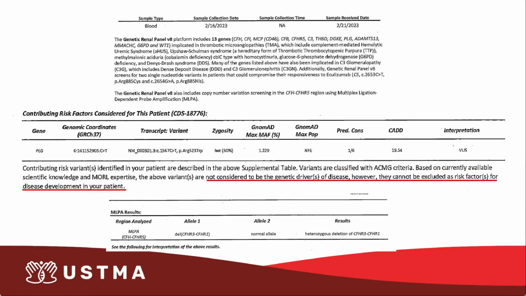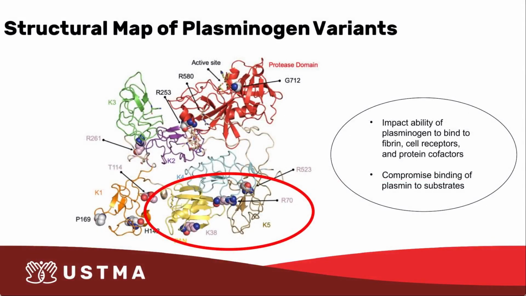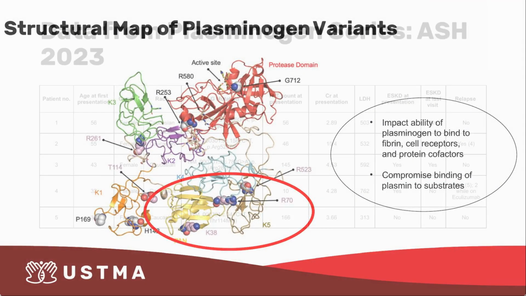But now we've got certainly a pattern with both of these patients having plasminogen variants, having these recurrent episodes that don't seem to be consistent with TTP or aHUS or another form of TMA. Let me go forward once, then we'll go back.